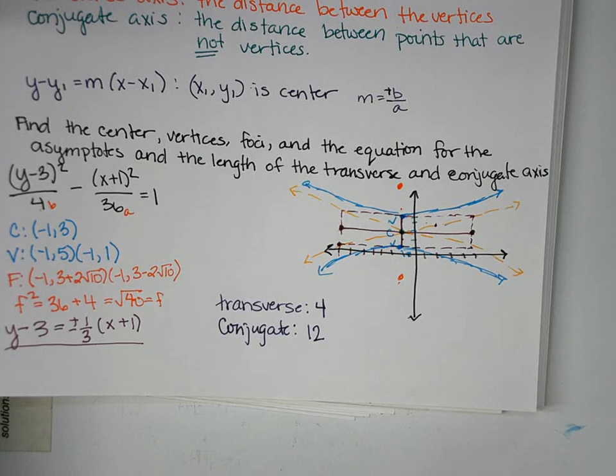We are going to do another one in class tomorrow to make sure that you guys have graphing down. It's really similar to the other ones. It's just where the pieces all go and how the graph looks. The major addition here is the asymptotes and the transverse and conjugate lengths, but how we find the center and the vertices and the foci are pretty similar to what we've done with ellipses.